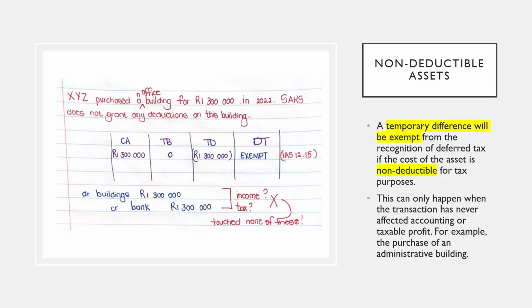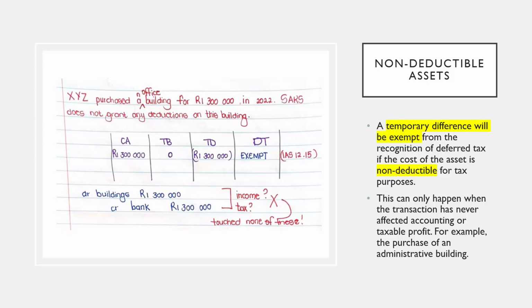This is a statement of financial position item, the bank, and so are buildings. So did it touch income? No. Did it touch tax income? No. It never touched our accounting profit. It never touched our tax profit. Therefore, the deferred tax is exempt in terms of IAS 12.15.